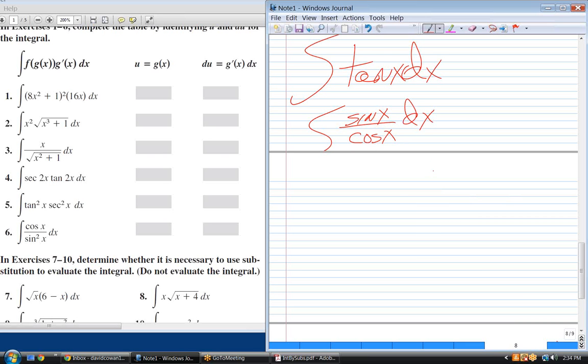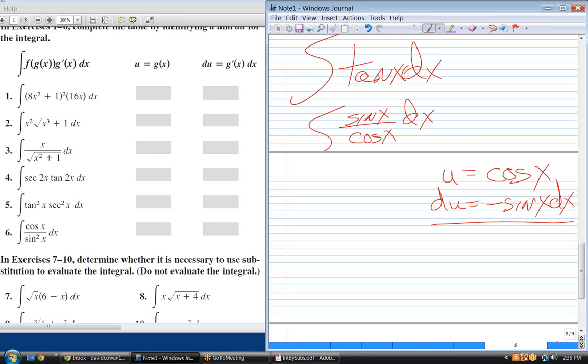Now, I want to show you the shortcut, because you may have learned the shortcut and wondering why I'm going to all of this trouble. I'm going to let u equal cosine x, right? So du equals minus sine x dx. Don't really have to solve for dx.